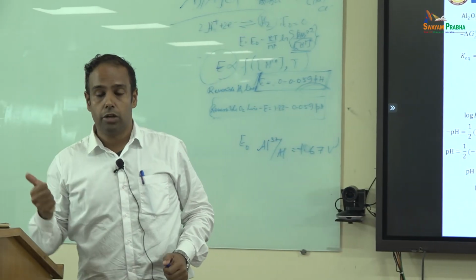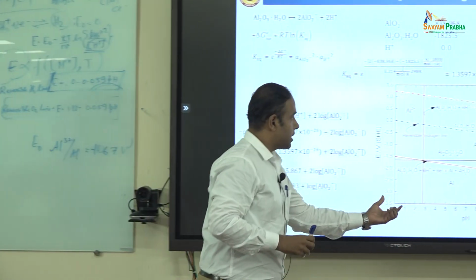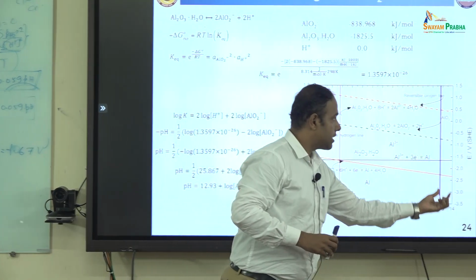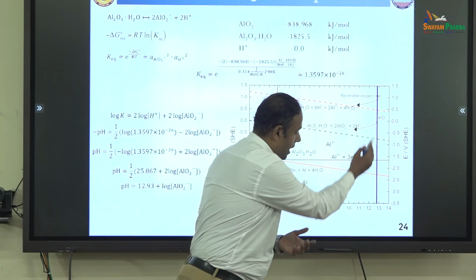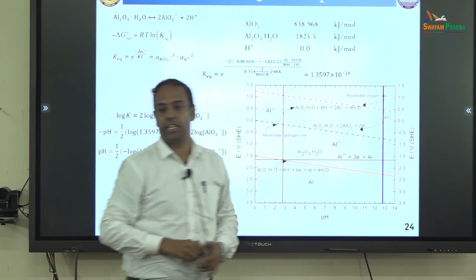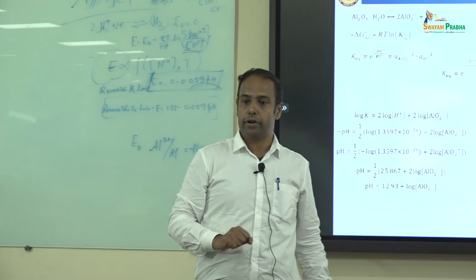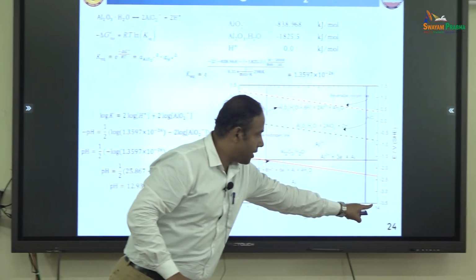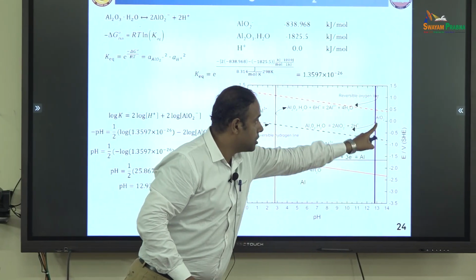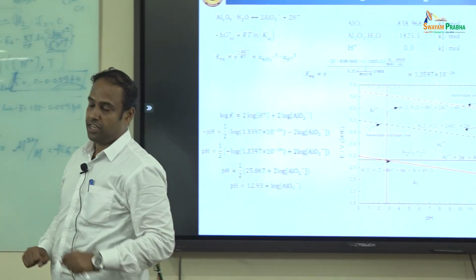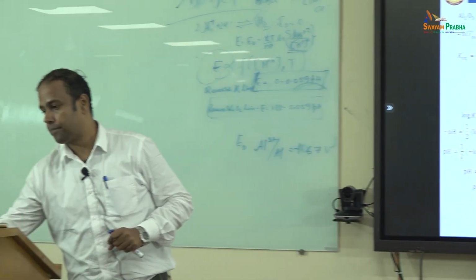So, the dissolution of the metal in this case is cationic, and in this case it is anionic, and it is close to 13. That means, if I take aluminum oxide and dissolve it in sodium hydroxide where pH is somewhere between 13 to 14, it will dissolve as AlO2 minus in the anionic form.